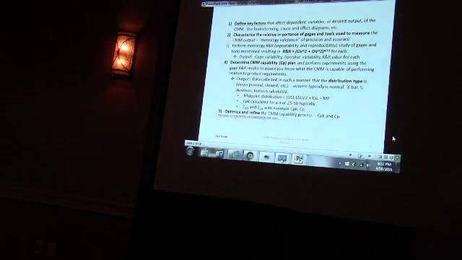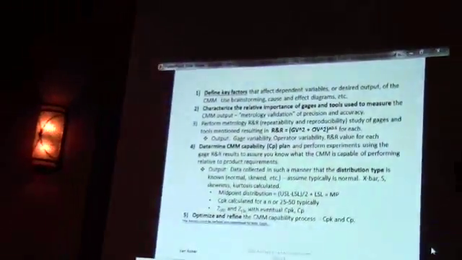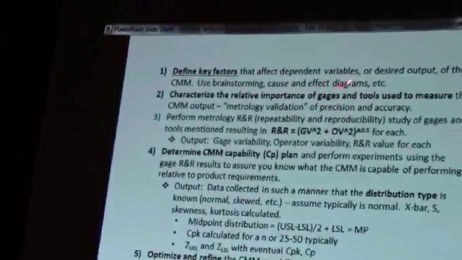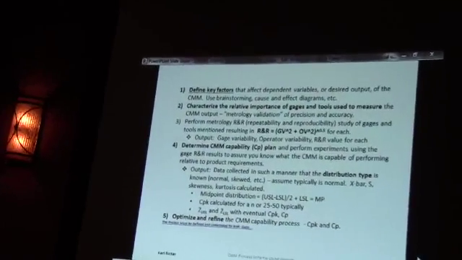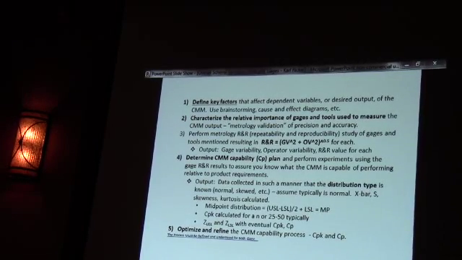Okay, so I see that there are basically 5 areas that one needs to address when you're doing this sort of thing. First of all, you've got to define key factors, and I'll show you a table in a minute where independent variables, those are the variables which determine what the CMM machine is measuring, have to be understood.